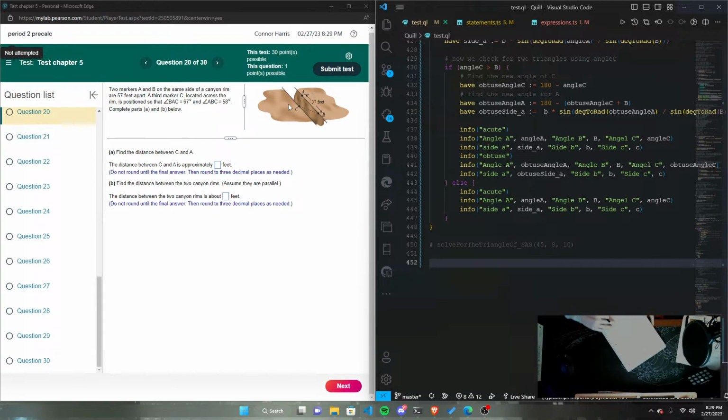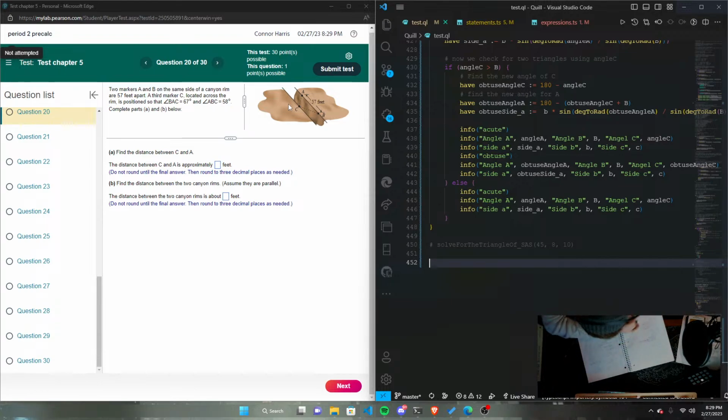Okay, hold on. Let me look back at that previous story problem I was looking at. Wait, but we can find angle C because we know what angle A and B are.